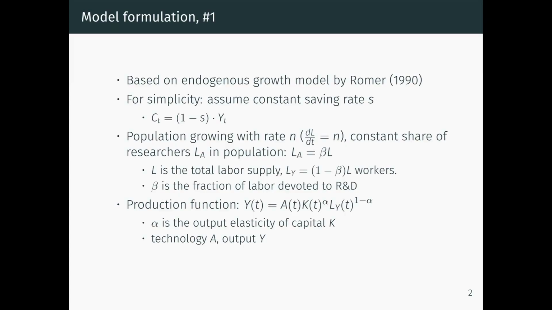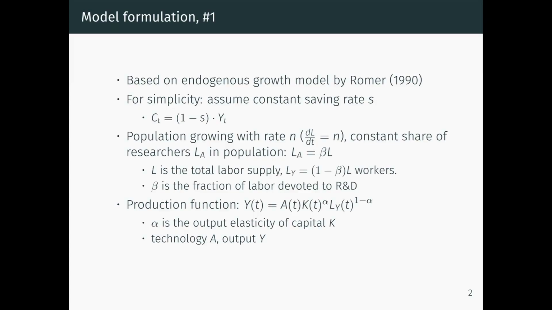Furthermore, we'll assume that there's a constant share of researchers in the population, which means that L_A, the number of researchers, is beta, this fraction of labor devoted to R&D, times L, the total labor supply. And L_Y, the number of workers that are actually producing output, is then defined as 1 minus beta times L.